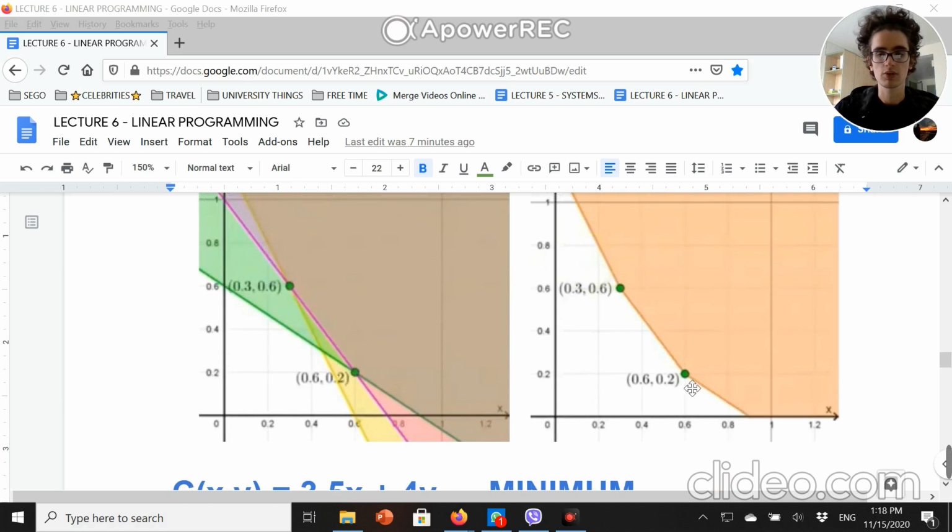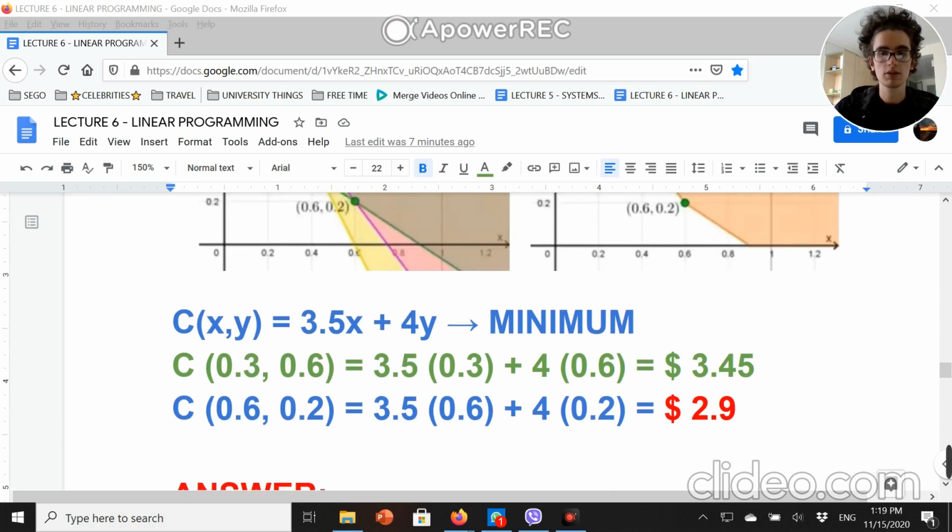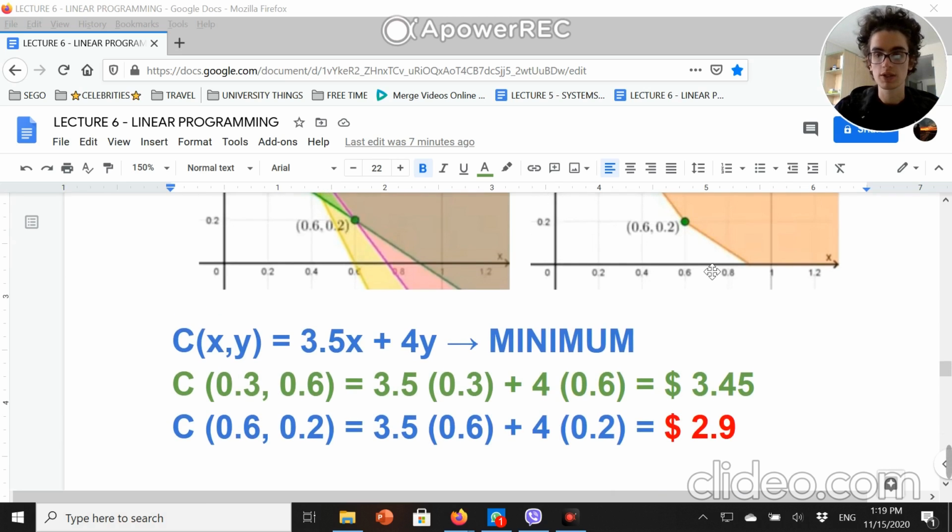And now let's take a look at the second point, and the coordinates are 0.6 and 0.2. So 3.5 times 0.6 plus 4 times 0.2 would give us $2.9, meaning that a daily intake of feed A of 0.6 kilograms and a daily intake of the second feed of 0.2 kilograms would cost us $2.9.